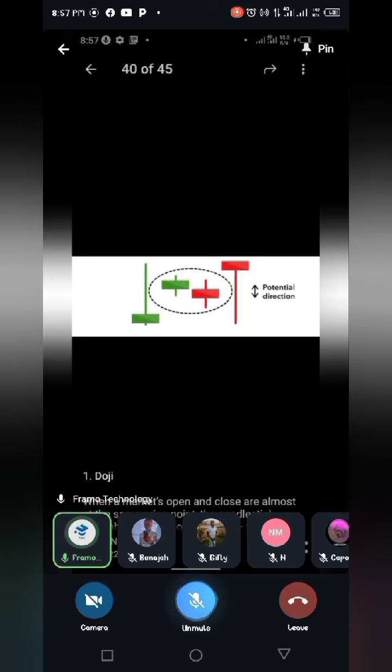So that one we will call a bullish continuation pattern. If we are in a downtrend and we see a doji forming, we will continue with the trend, so we will call it a bearish continuation pattern. I hope it's clear.